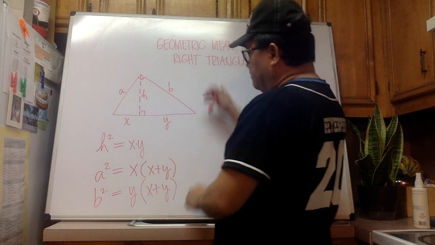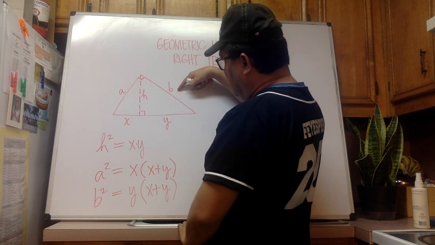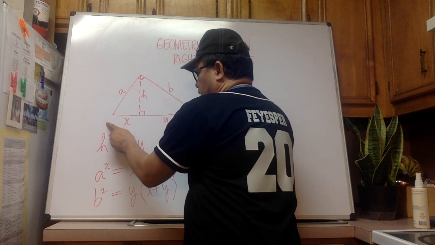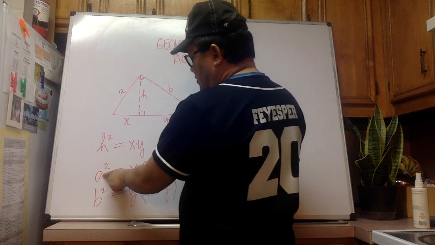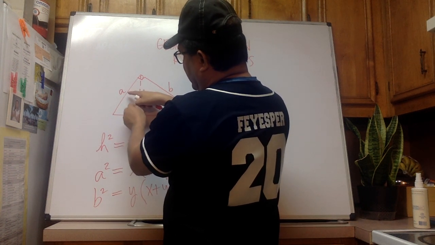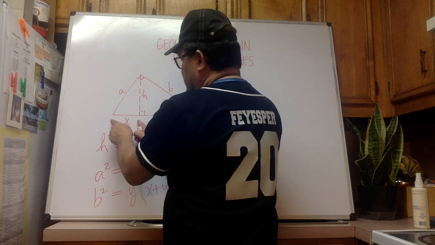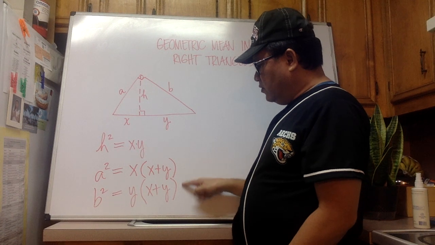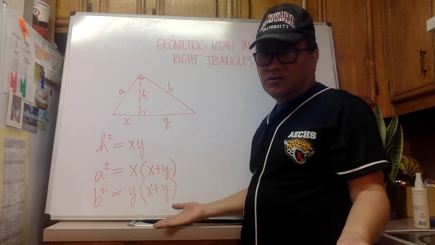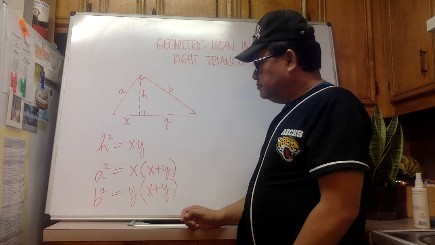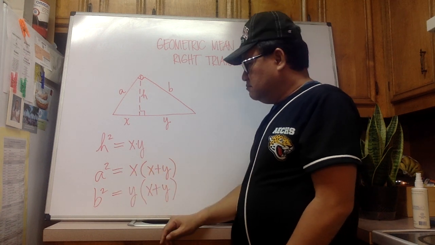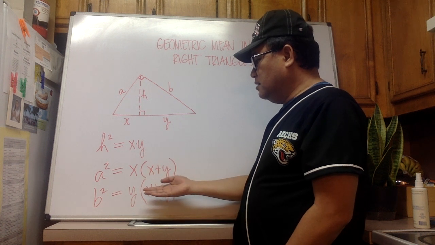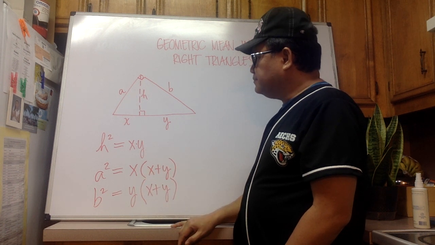So one more time, b squared is equal to y times x plus y, and a squared is equal to x times x plus y. So technically, these two formulas are one and the same. A is a leg, and so is b, and the way to find a squared is the same as for b squared.